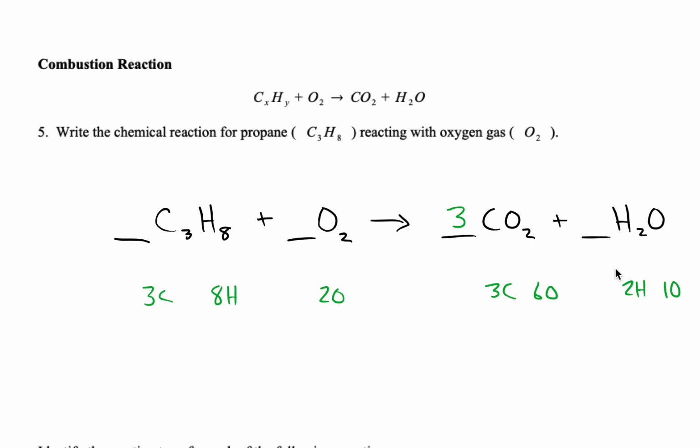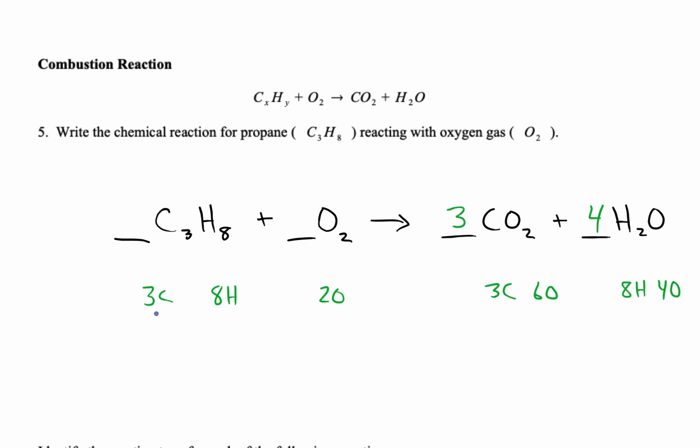There's no question that we're going to have to at least multiply this by a 4. Okay, so that'll now give us 8 hydrogens and 4 oxygens.